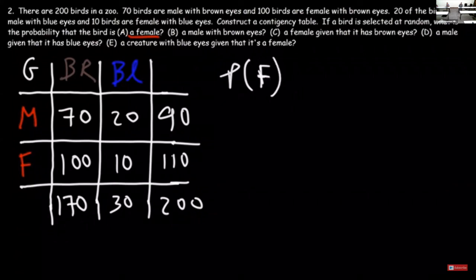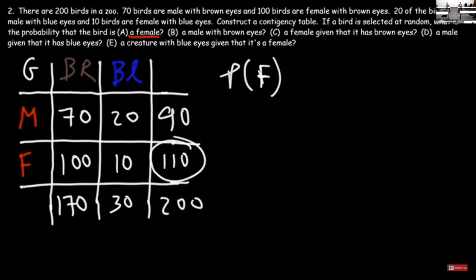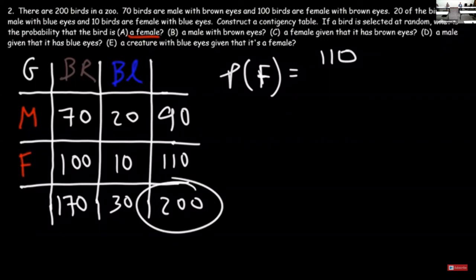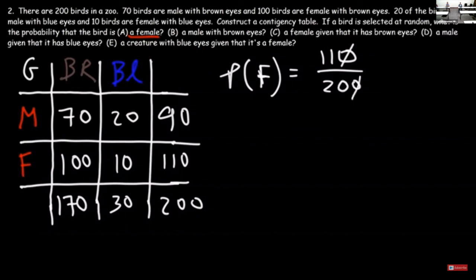So there's 110 birds that are female out of a total of 200 birds in the zoo. So the probability is going to be 110 over 200. If we divide both numbers by 10 by getting rid of the 0, the probability is 11 over 20, which is 0.55, or a 55% chance of selecting a female bird.